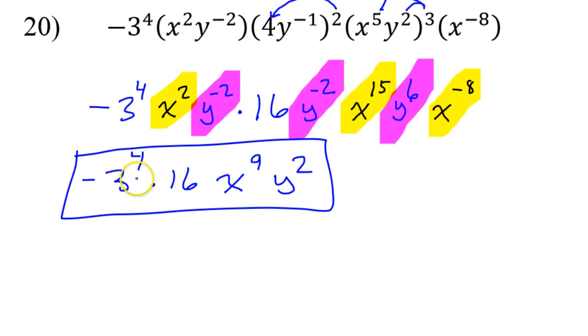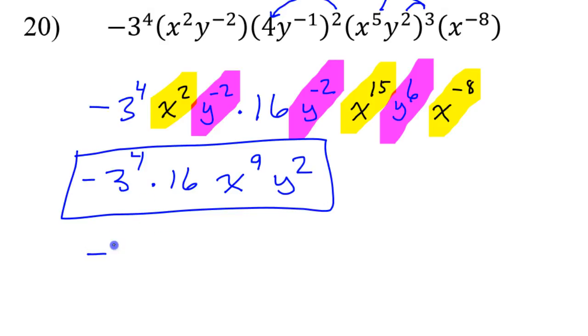Now, if I wanted to, because it wouldn't be too bad, 3 to the 4th power is 81. I happen to know that. So I could do 81 times 16 on a 4-function calculator pretty easily. So I'm going to go ahead and do that just for fun. 81 times 16 is 1,296.